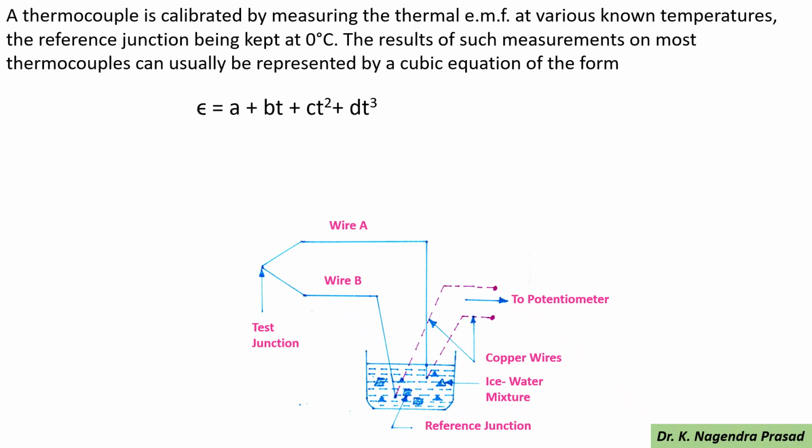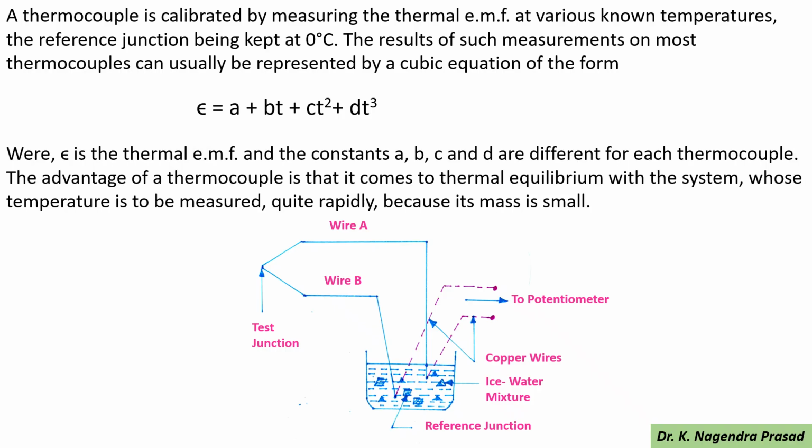The results of such measurements on most thermocouples can usually be represented by a cubic equation in the following form: epsilon equals A plus Bt plus Ct square plus Dt cube. Here epsilon is the thermal EMF and the constants A, B, C and D are different for each thermocouple.